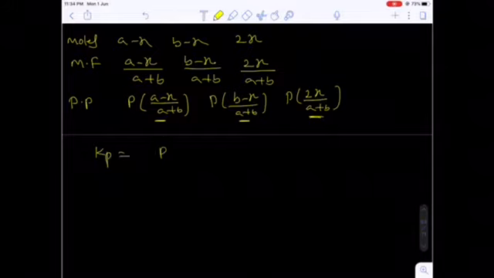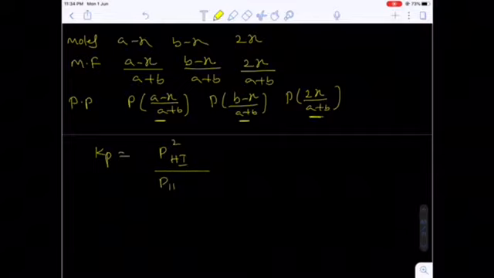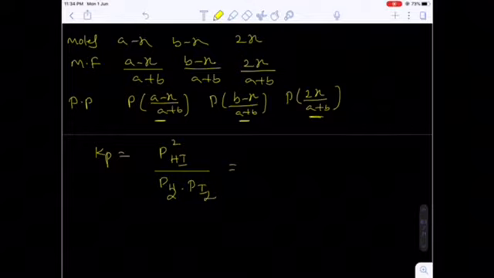After that, the direct expression: Kp is equal to partial pressure of HI whole square divided by partial pressure of H2 into partial pressure of I2. What is the HI partial pressure?